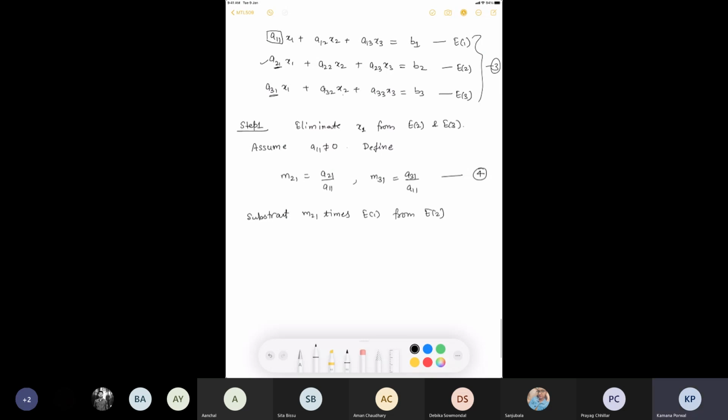That will eliminate x1 from the second equation. And now to eliminate x1 from the third equation, I will subtract m31 times E1 from the third equation.